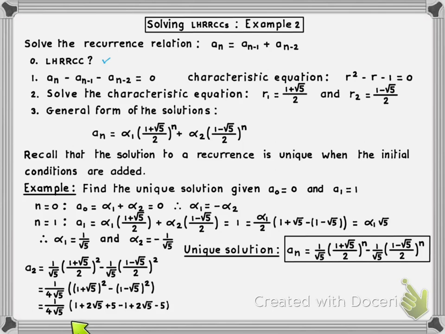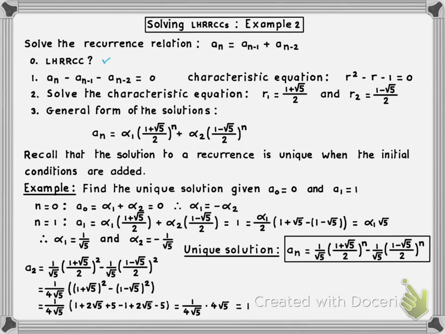So the 1 and minus 1 are going to cancel. The 5 and minus 5 are going to cancel out. We're going to be left with 2 square root of 5 plus 2 square root of 5, or 4 square root of 5. And of course, these two are going to cancel out, and we're indeed left with 1.